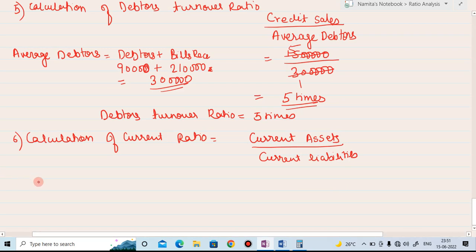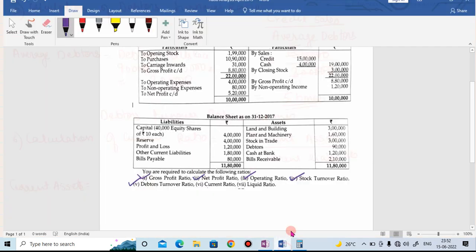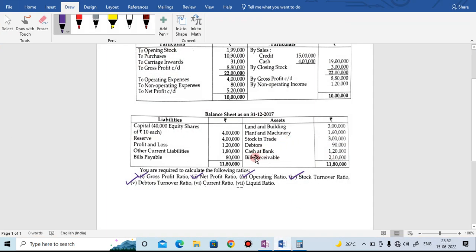Now first we need to find the current assets. First we need to identify the current assets in the balance sheet. Now look at the asset side. Land and building, plant and machinery are not current assets. These are fixed assets.